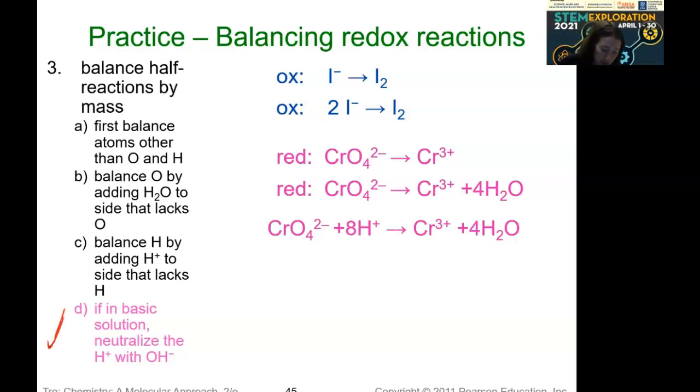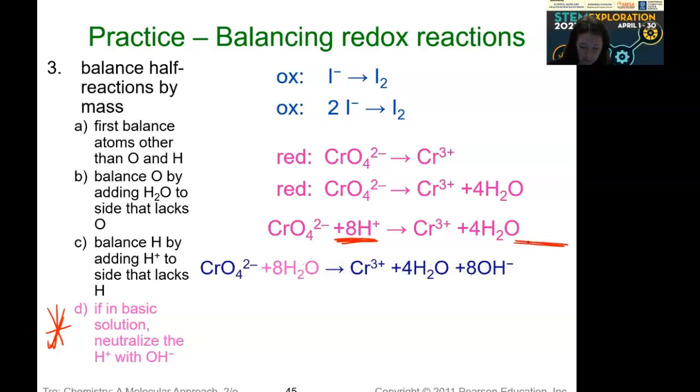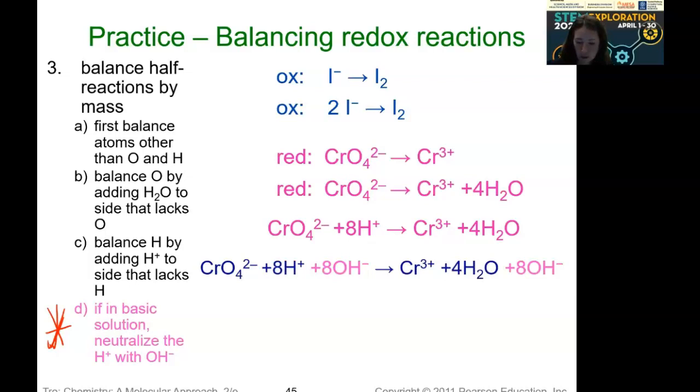Here's the little additional piece we need to do right here. It's in basic solution, so we're going to add OHs to neutralize the hydrogens. So we're going to add 8 OHs to this side and 8 OHs to the other side. There it is. I was like, where'd it go? So we add 8 OHs, 8 OHs. Now remember, these 8 OHs, that's the same as saying 8 waters.